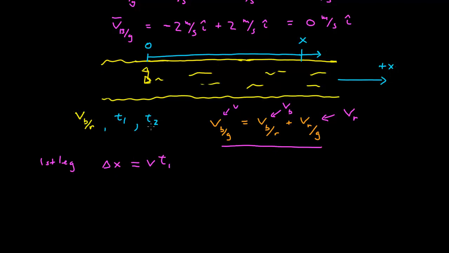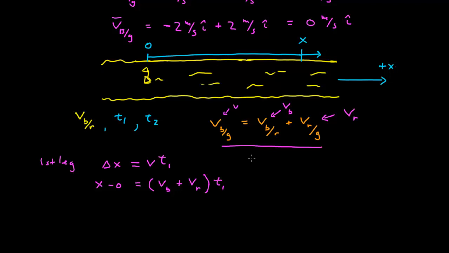The displacement then, which is the final minus the initial, given our coordinate system, that's x minus 0, is equal to the velocity, which was the velocity of the boat relative to the river, which we call vb, plus the velocity of the river relative to the ground, which we call v sub r, times t1.